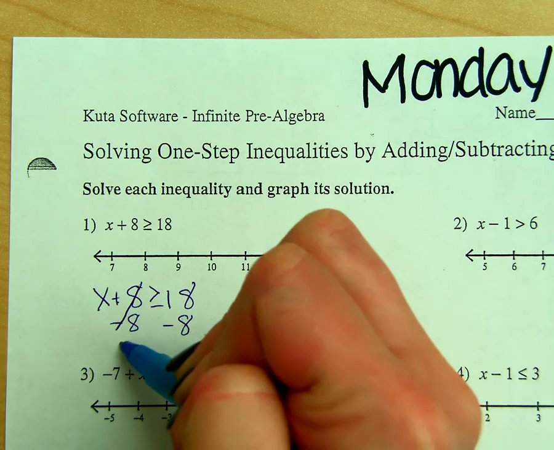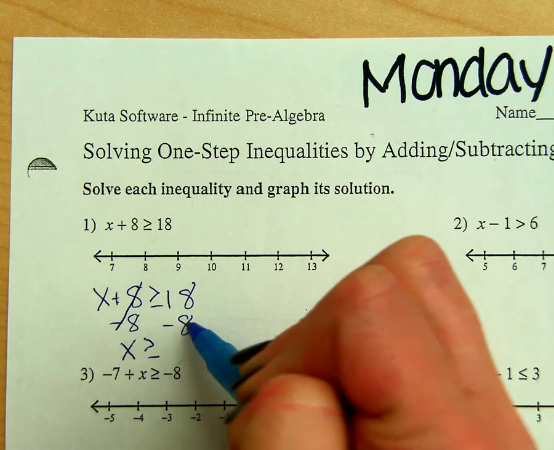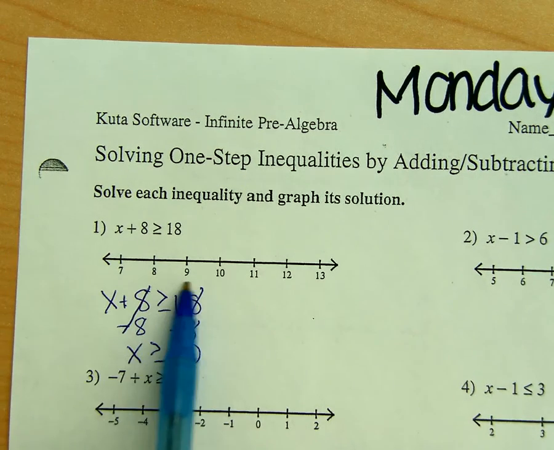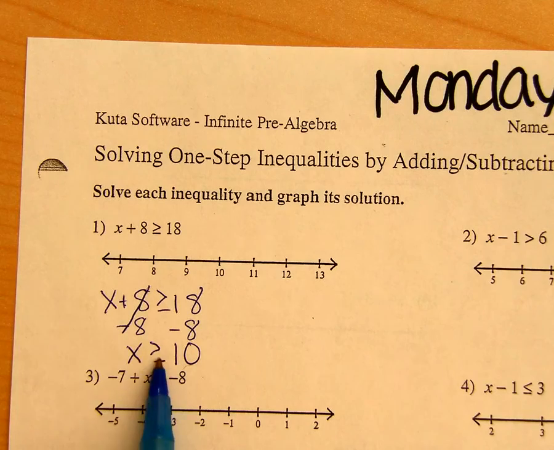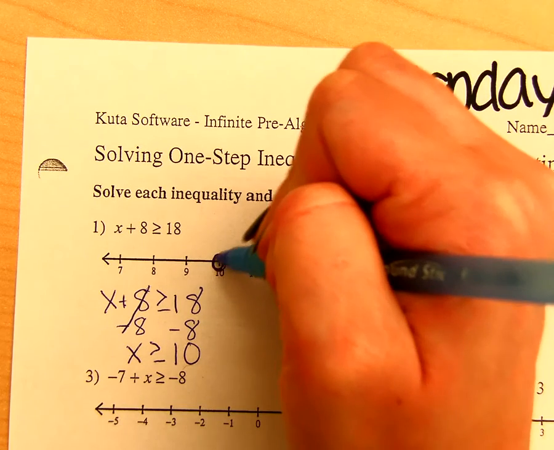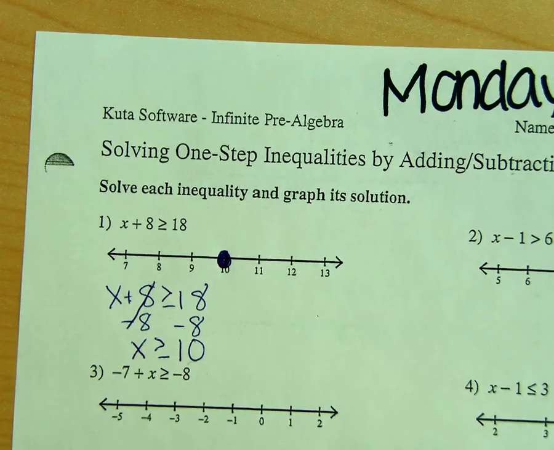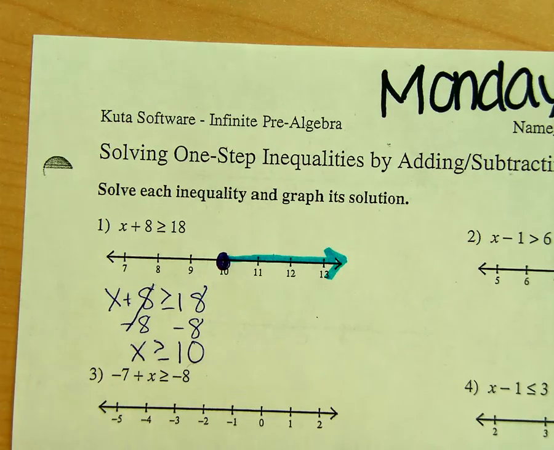You will be left with x is greater than or equal to 18 minus 8, which is 10. If you look at your graph, they already have the units there for you. It is a greater than or equal to sign, so since it's equal to, it is a closed circle, and it's greater than, so we are going to the right. If you would like to use a marker or colored pencil, you may.